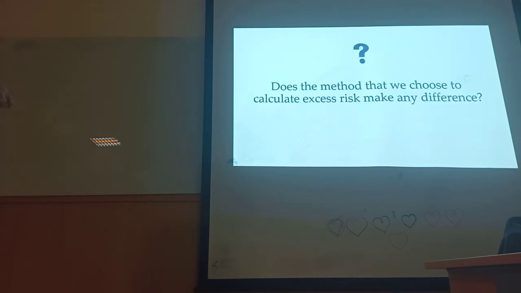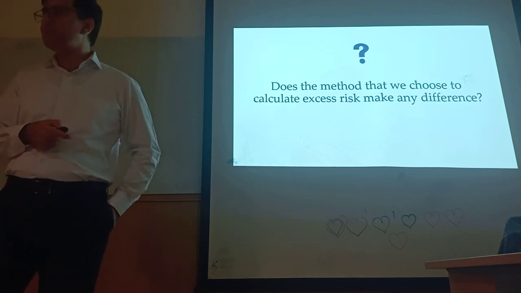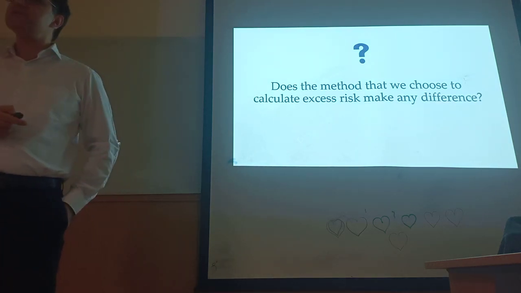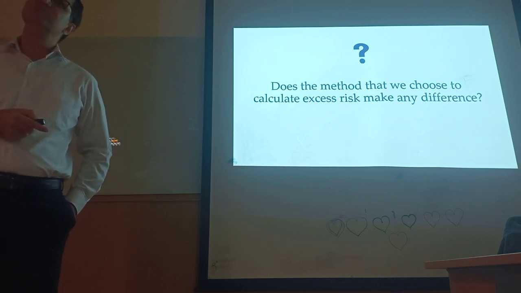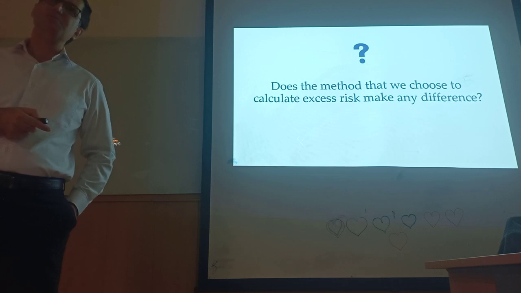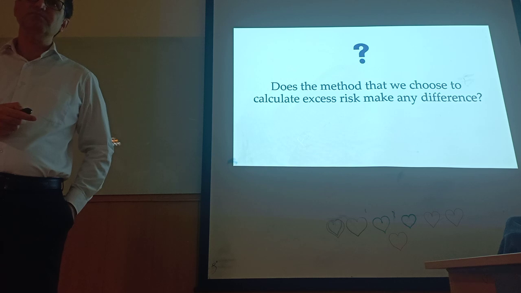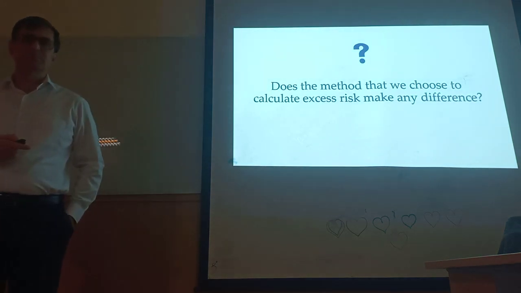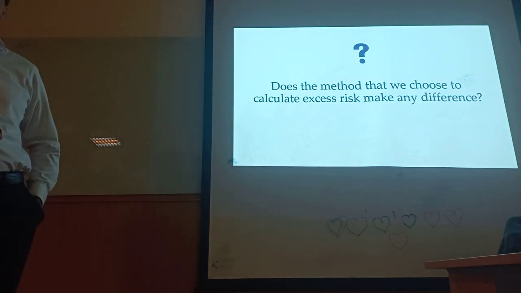But the question: does the method that we choose to calculate excess risk make any difference? Which method is better, risk difference or risk ratio? Risk ratio, because it tells you the exact quantity of how much risk a person has when eating a certain food, and it tells you about the other foods as well.